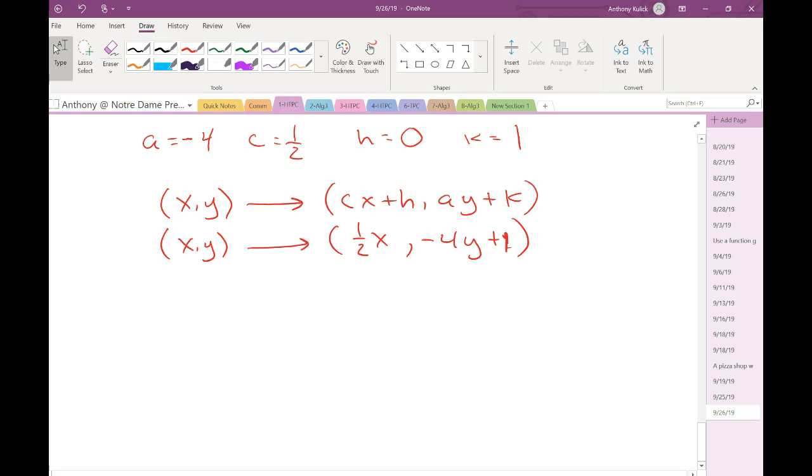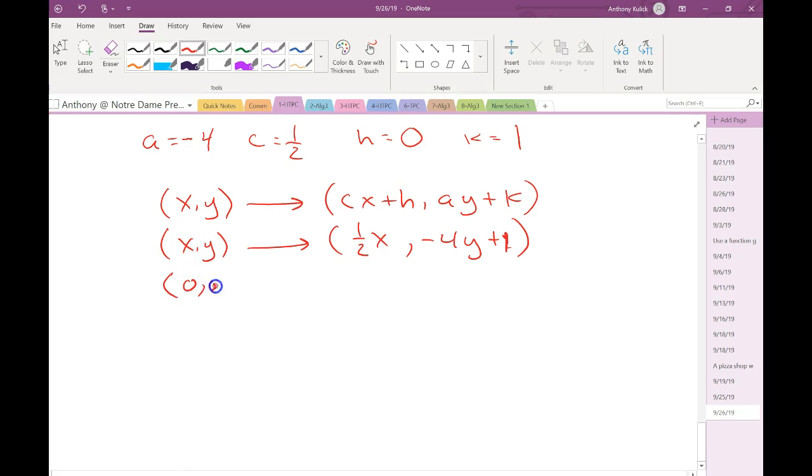Okay with that? And what I'm going to apply that transformation map to are the 5 key points of sine. So the key points of sine are where it crosses the midline and its maxes and mins.